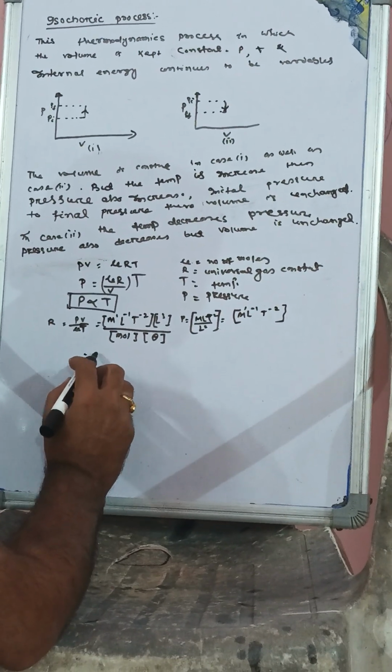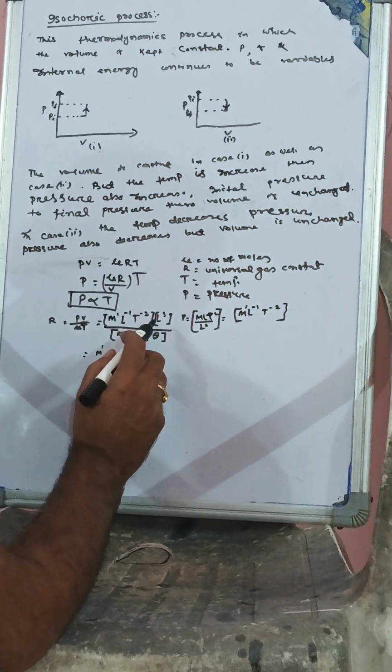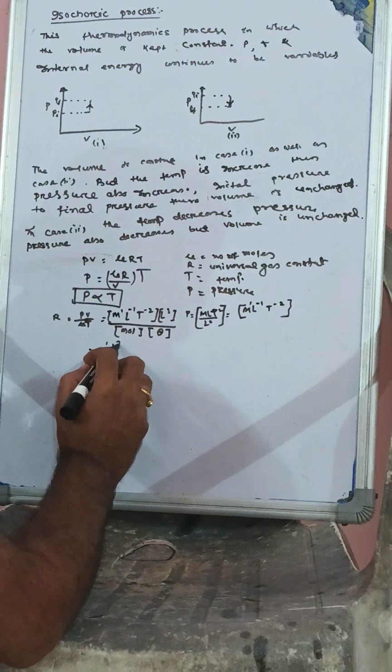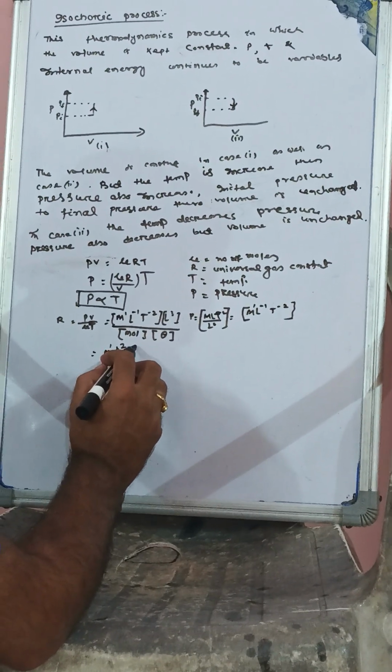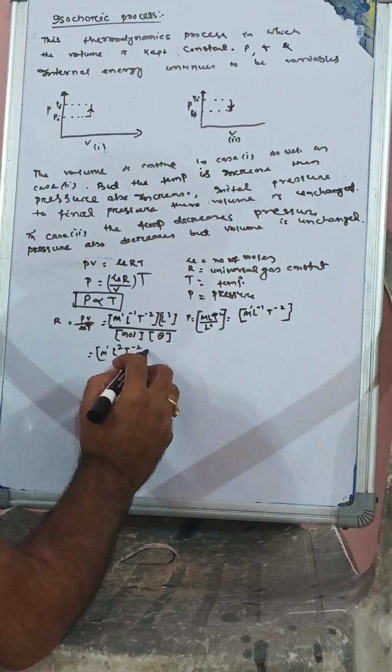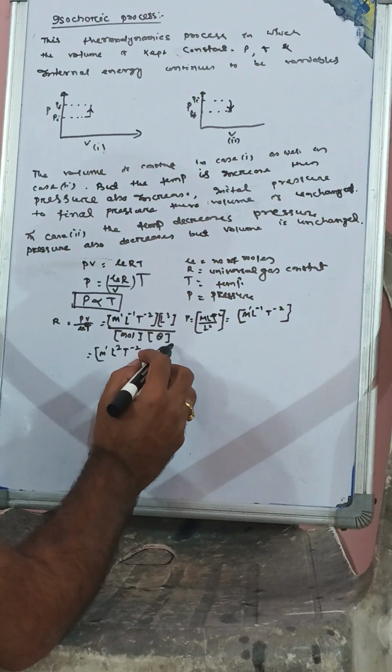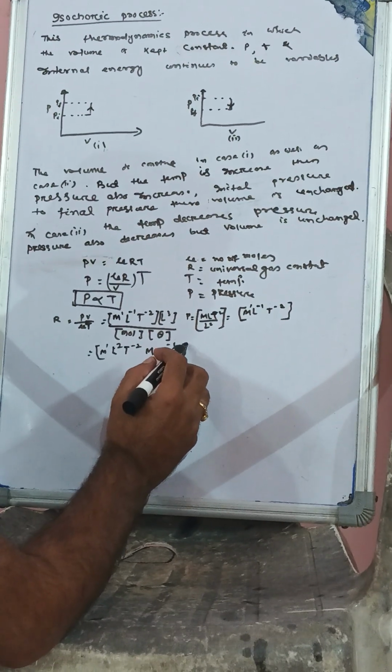Then we get M L square T minus 2 mole inverse theta inverse.